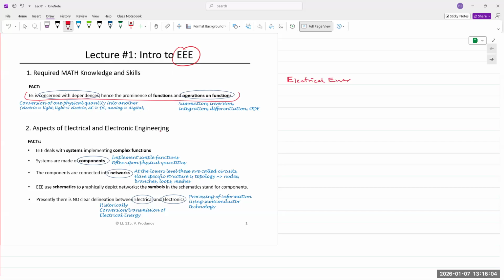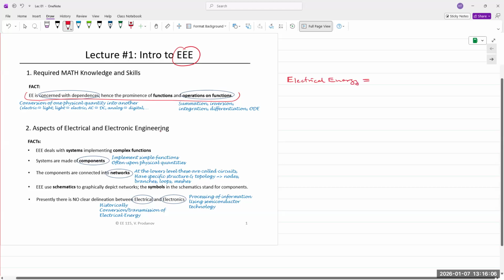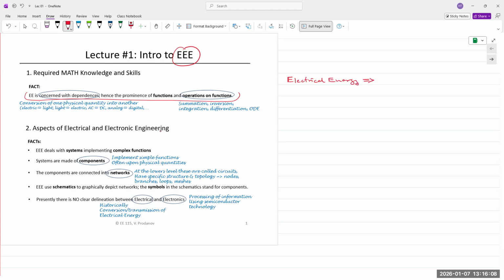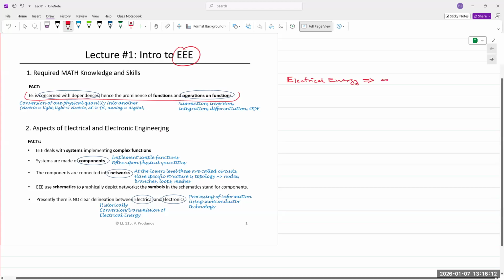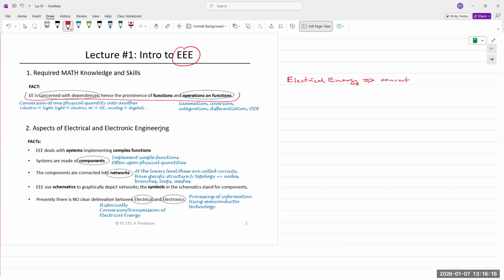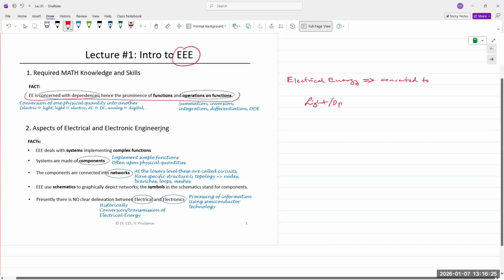Any ideas what kind of energy forms we can convert electrical energy to? Light. We have that example right here in the class. So light or optical energy.